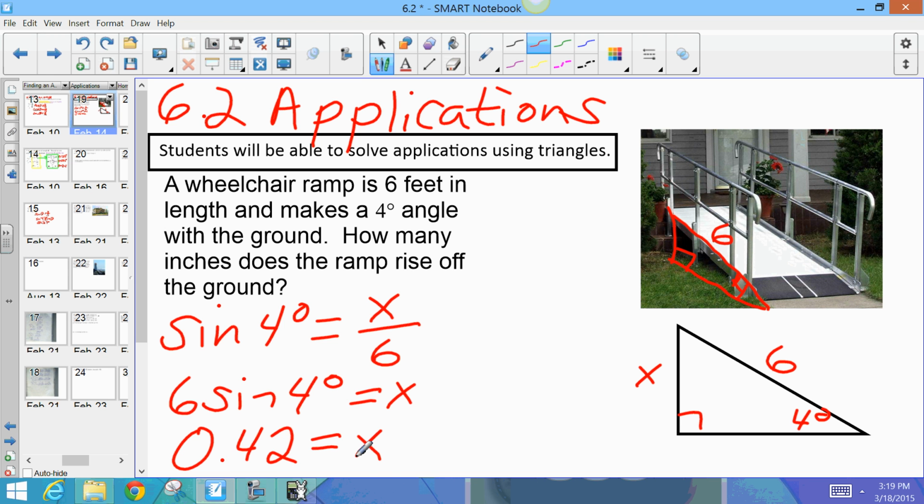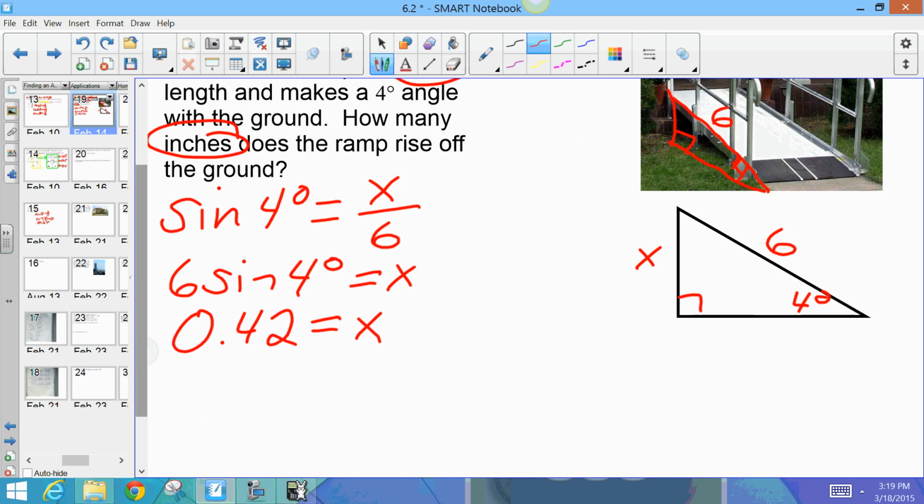Okay, now what units is that given in? Well, it's given in the same units as the length of the triangle that was given, so feet. And we're asked how many inches. So if I want to know the number of inches, well, there are 12 inches in a foot.